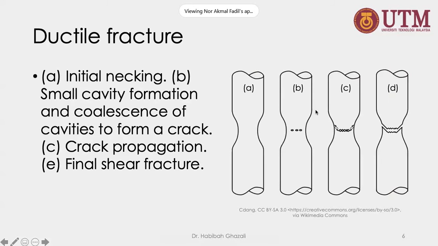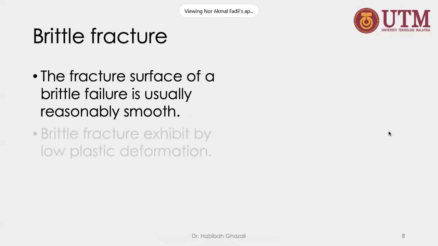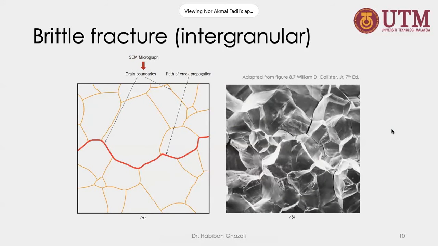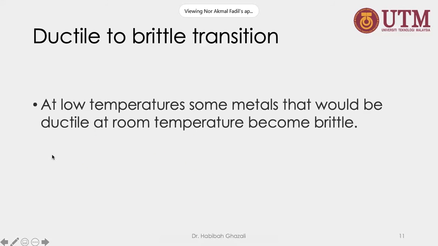Okay, by naked eye, you can see a very grayish surface. Kelabu-kelabu je, macam kelam je. But for the brittle, it is very bright, licin, sangat licin, berkilat, something like that. Okay, intergranular also can occur during the brittle fracture. So now you know ductile and brittle behavior.